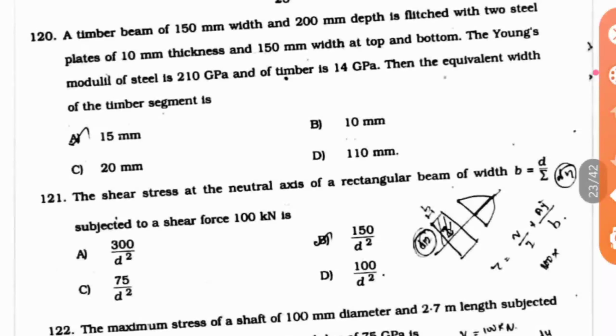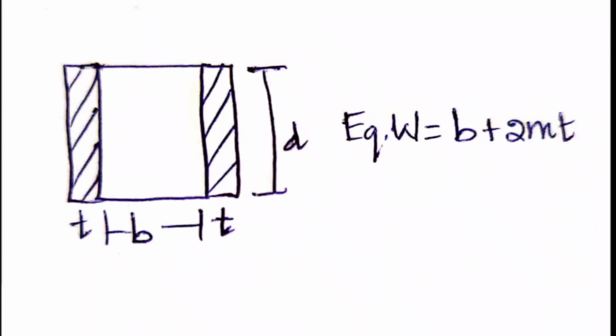But normally in these cases, if the cover plate is fixed adjacent, only then can we find the answer. Generally this is the type of thing they will be asking, that is a center thing. As in this question they have told, timber is at the center and steel is at the top and bottom. Generally they will be at the sides only, like this.